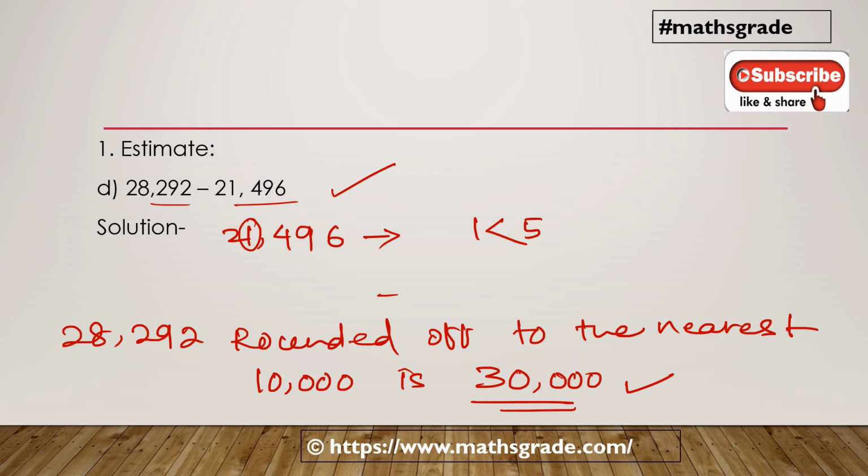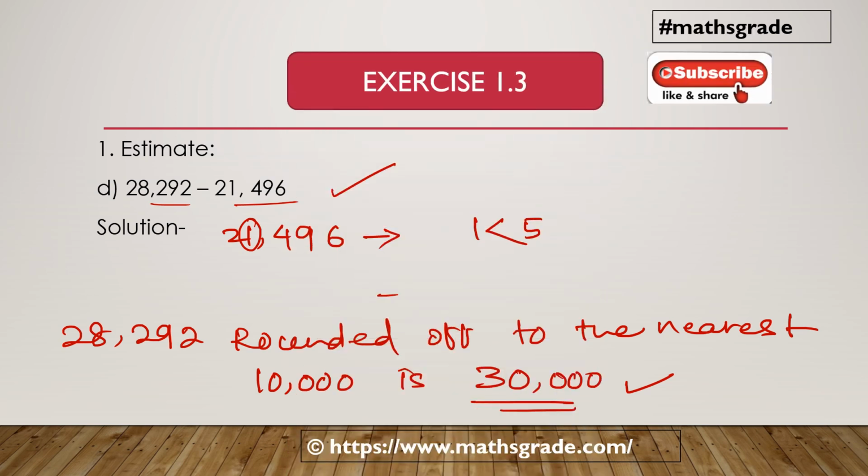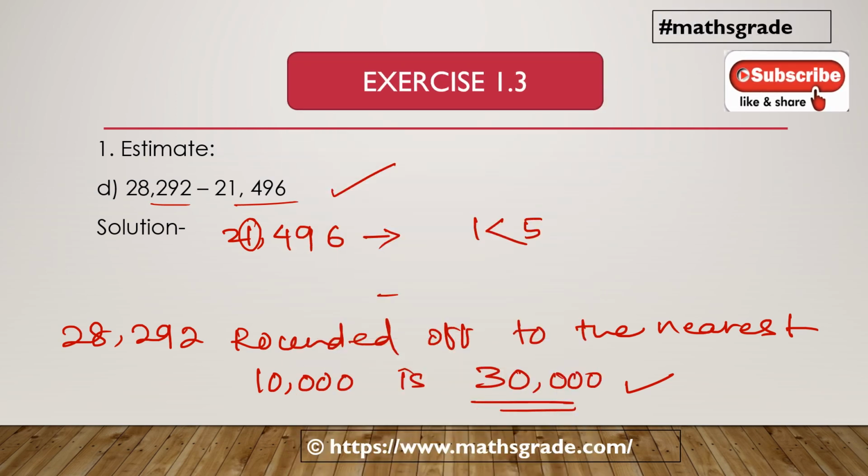That is 1, 4, 9 and 6 changes to 0. So 21,496 rounded off to the nearest 10,000 is 20,000.